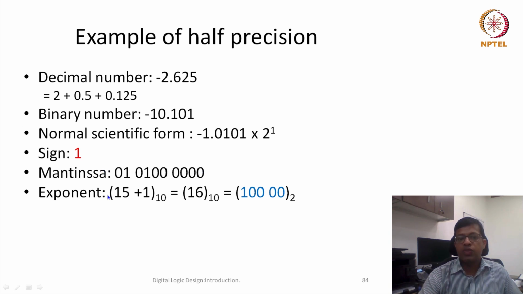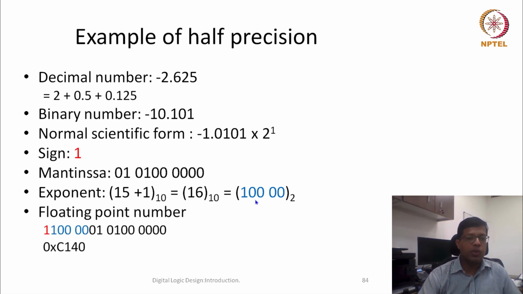And the exponent is 5 bits and the base offset is 15. So the exponent here was 1, so 1 plus 15 means 16, and then 16 needs to be converted into binary, which is a 5-bit number, that is 10000. Then we can combine all these sign, exponent and mantissa bits and convert to our floating point number.